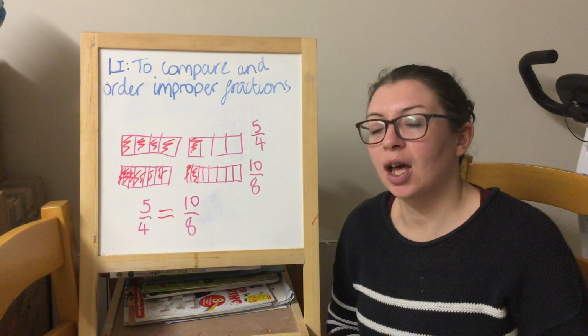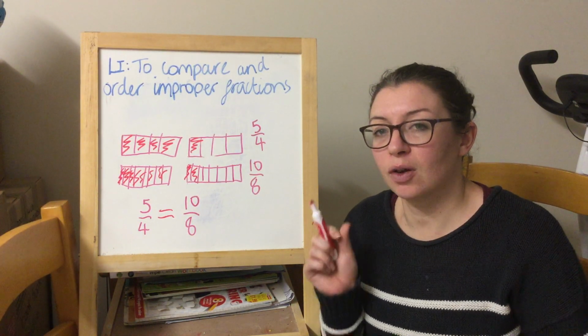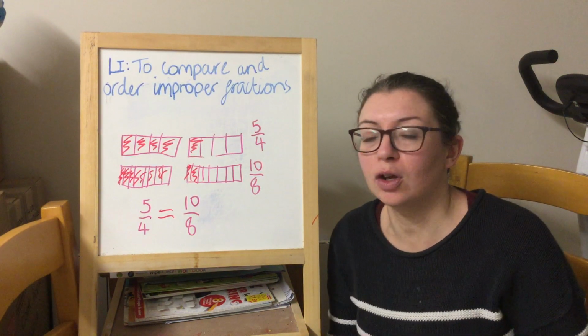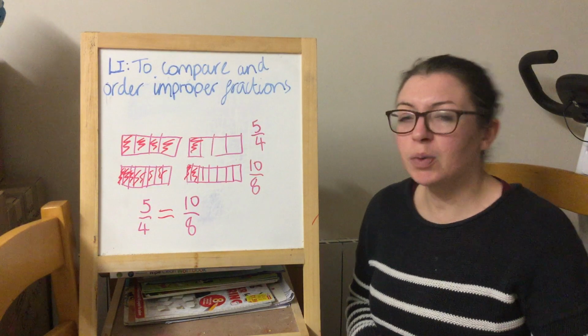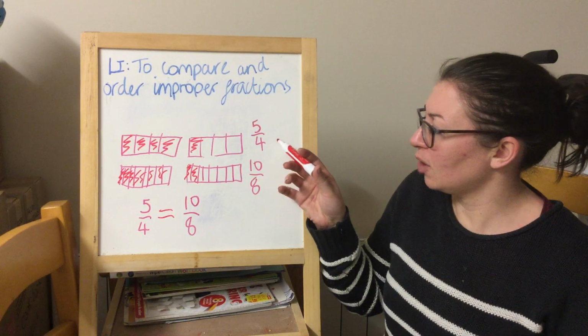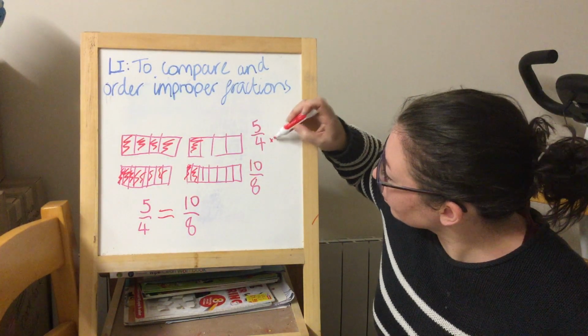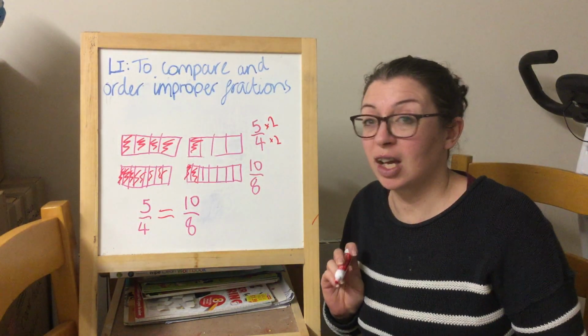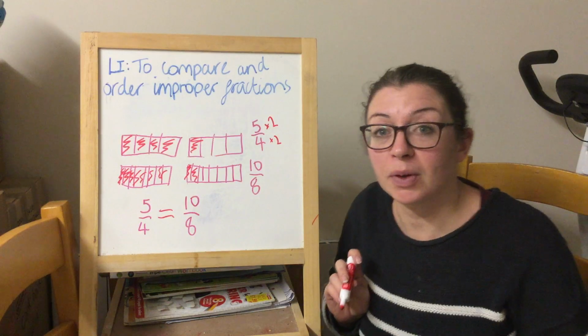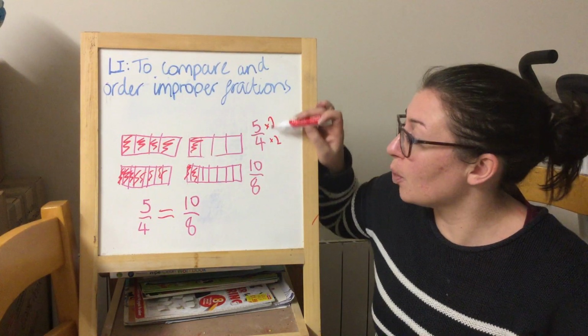And we can check that by using the knowledge that we had on Friday, using all that knowledge of equivalent fractions that we did at the very beginning. If we times this one by 2, remembering, as I said on Friday, I'm going to say this a lot over the next couple of weeks, whatever we do to the top, we do to the bottom.